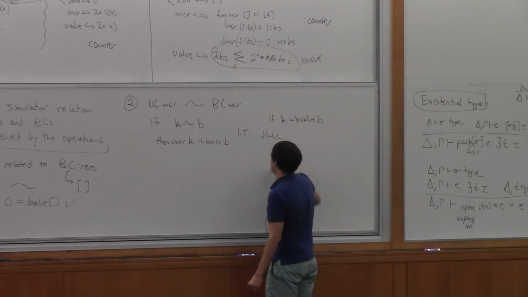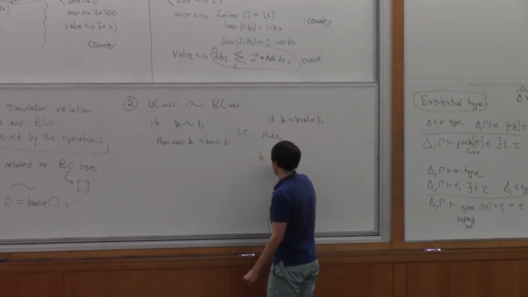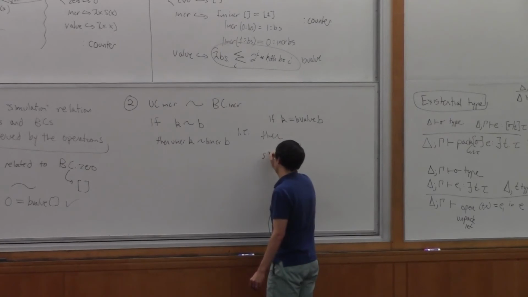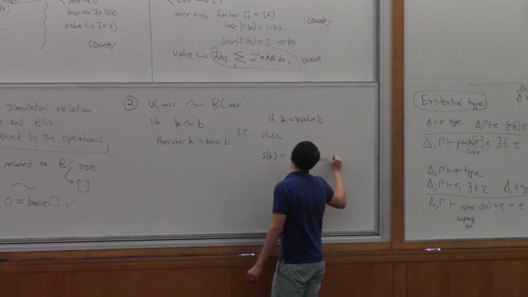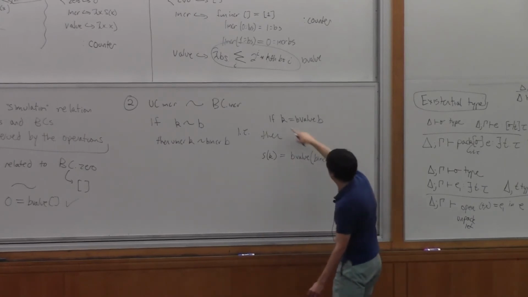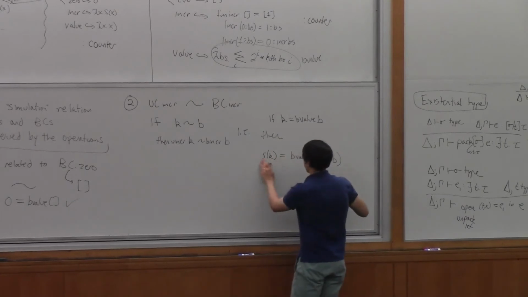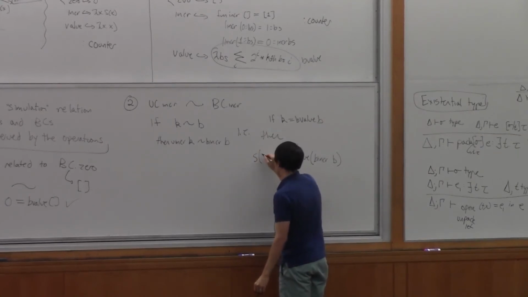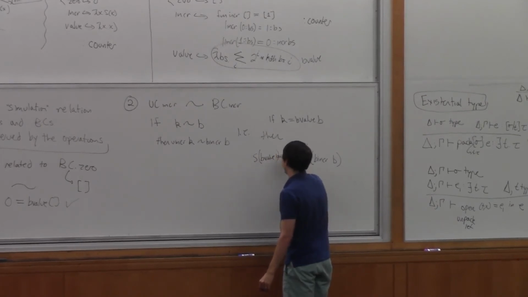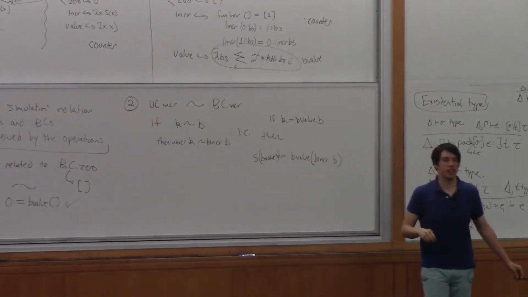I.e., what we need to show is that if k is equal to the value of b, then the successor of k is equal to the value of the binary increment of b, and using that equality assumption and replacing k, what we need to show is that the successor of the binary counter value of b is equal to the binary value of the binary increment of b.